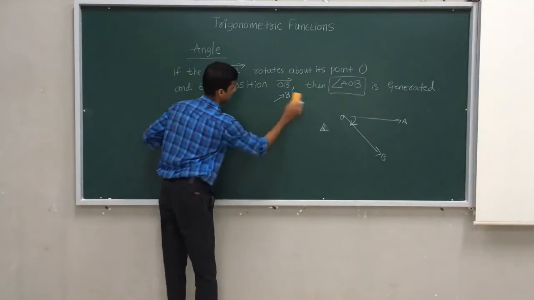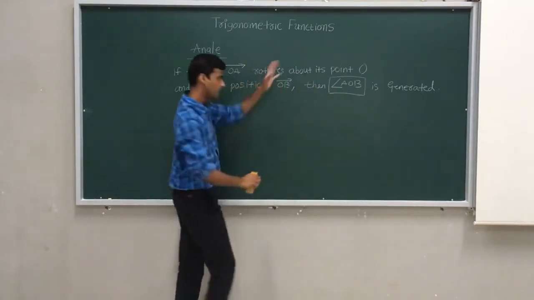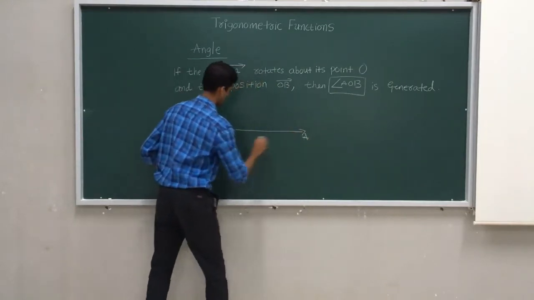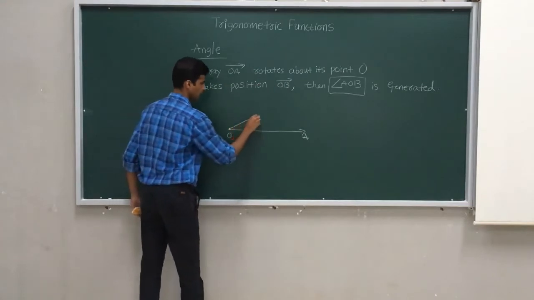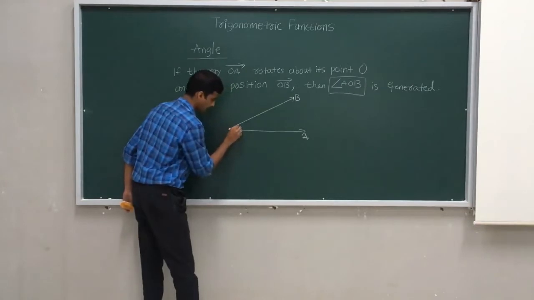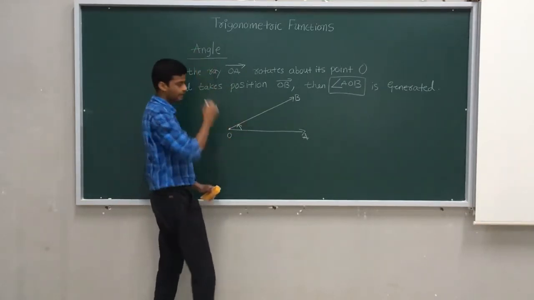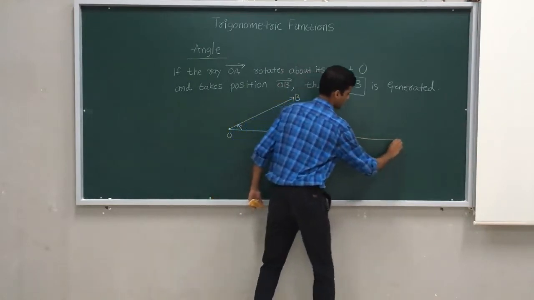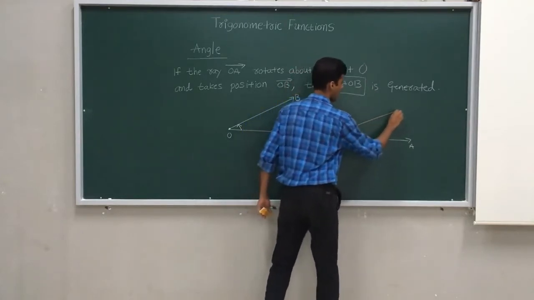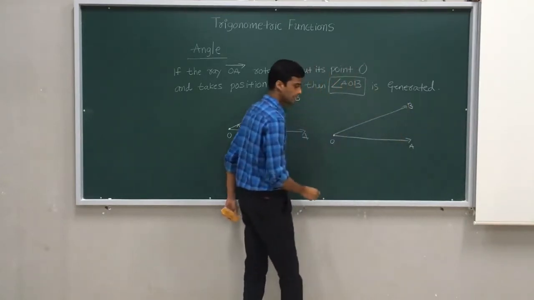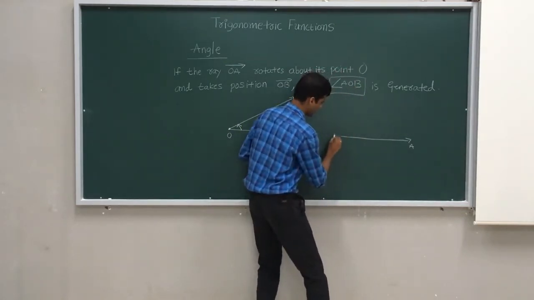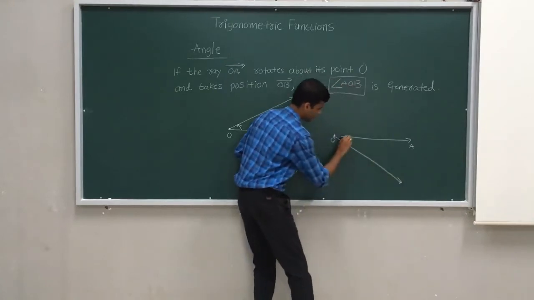But before this, I want to tell you one more terminology in angle. If this is a ray, and I consider this in the upward direction, I will take one more direction. This is O, A, this is B. Let me take a big change and move in the downward direction.